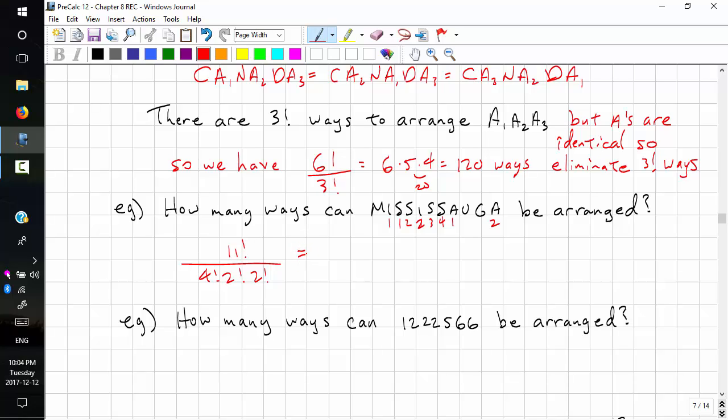It's a little bit big to do in my head, so doing it on the calculator, we got 415,800. And again, we are eliminating identical ways.